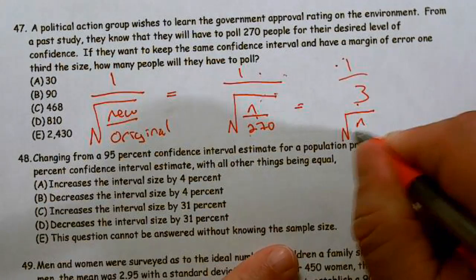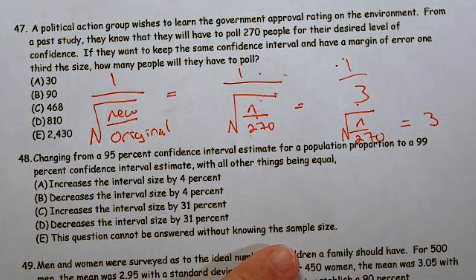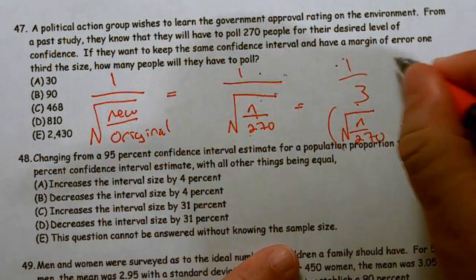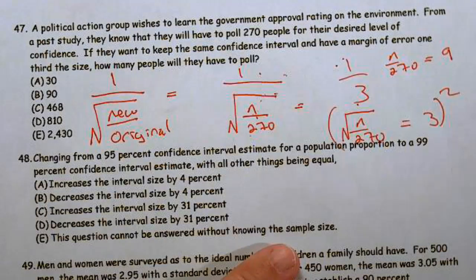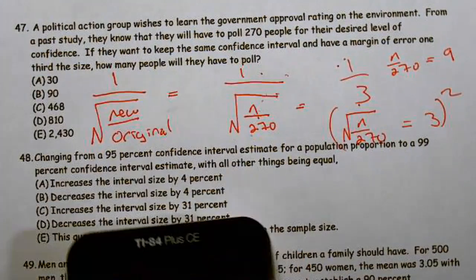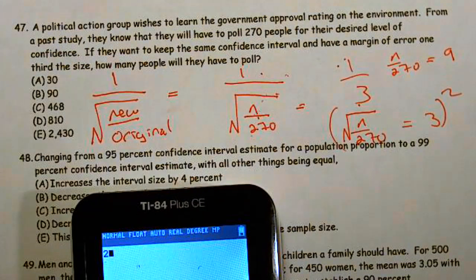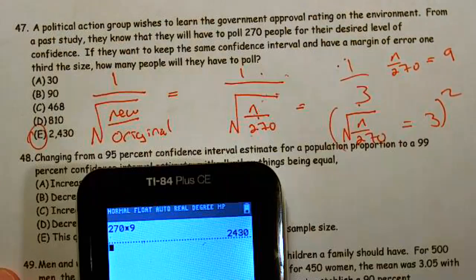The square root of n over 270 needs to equal 3. If I square this whole thing, that gives me n over 270 equals 9. So 270 times 9, 2,430. I would need a sample size of 2,430.